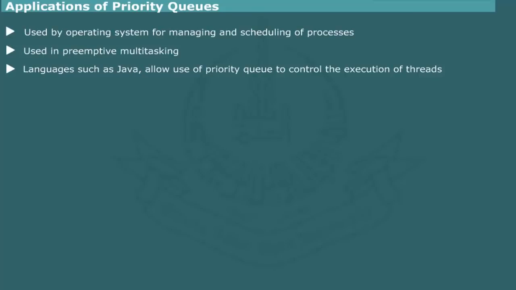In VLSI circuit design, channel routing and pin layout are efficiently manipulated by the priority queues. Priority queues are also used for controlling mission-critical applications such as industrial plants, nuclear reactors, or space vehicles.